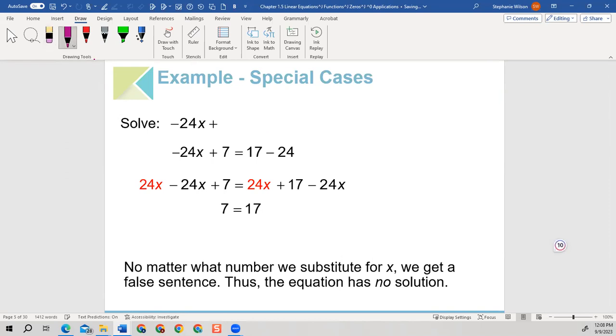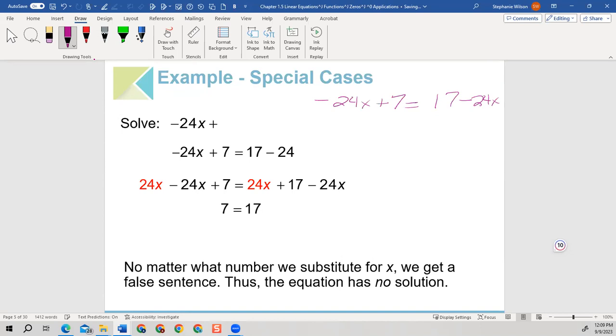So let's just work with this. Let's say it's 24x plus 7 and it was equal to 17 minus 24x. Let's say that was the original.